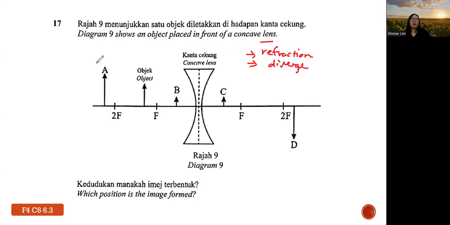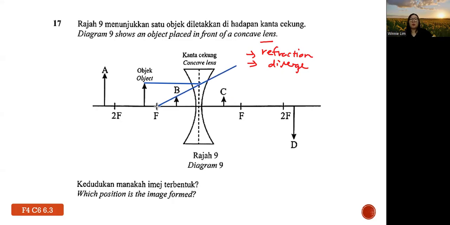Okay, so I will go through with you how you should construct the ray diagram. From the object, you have a ray that touches the axis of the lens. Then what happens? Because of refraction, the ray will pass through. But the ray should diverge, meaning it goes up. So we will use the focus point on the left-hand side as reference.